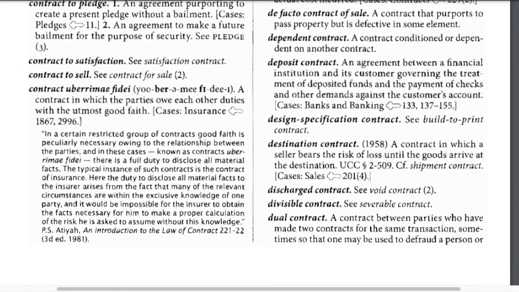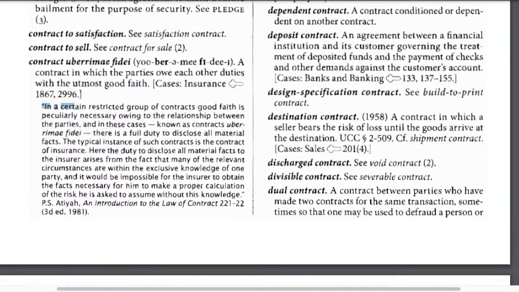Contract uberrimae fidei. A contract in which the parties owe each other duties with the utmost good faith. Wow. Insurance. In a certain restricted group of contracts, good faith is peculiarly necessary owing to the relationship between the parties, and in the cases known as contracts uberrimae fidei there is a full duty to disclose all material facts.